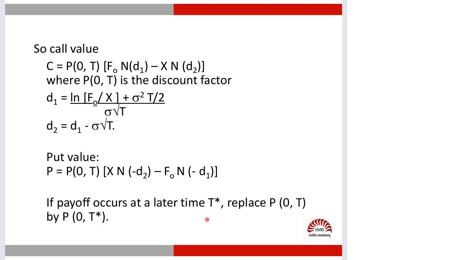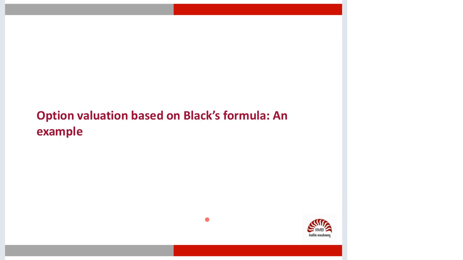So effectively, the life T star becomes 12 months of the option life and another 12 months of the interest rate contract. So you discount this at T star, which is 24 months or 2 years, and not at 12 months or 1 year, whatever the earlier case may be. Okay? So that is what it implies.